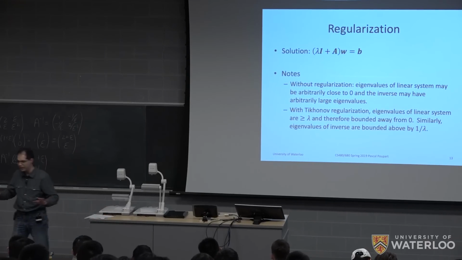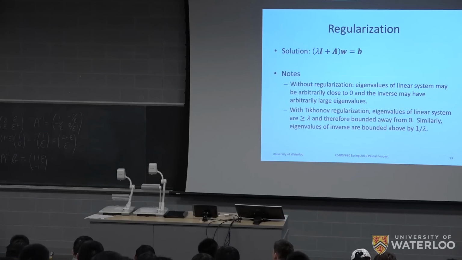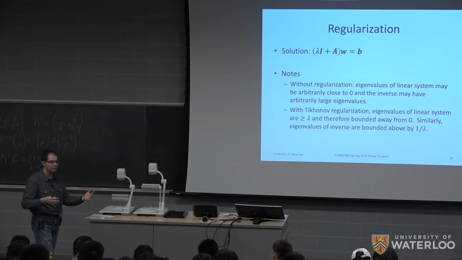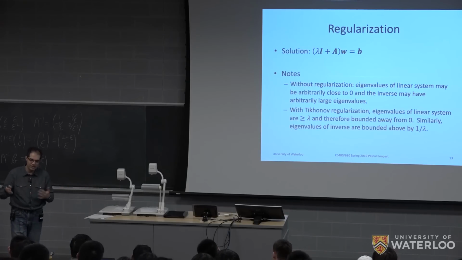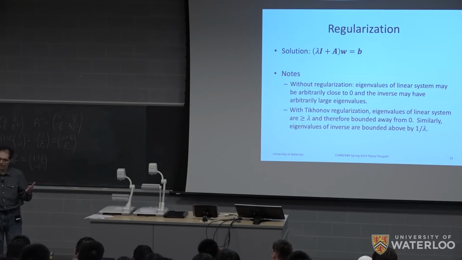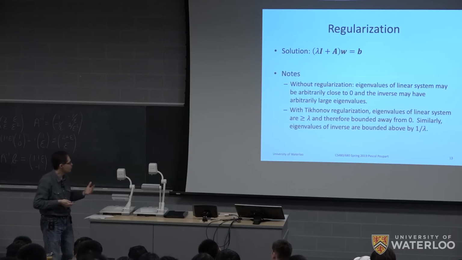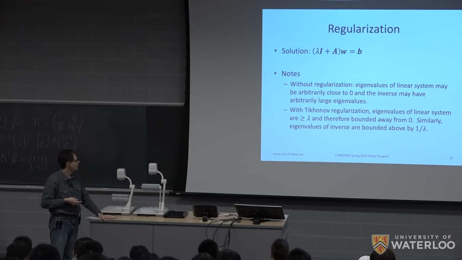If you're not familiar with eigenvalues of linear algebra, don't worry. This is just an aside to explain from the perspective of linear algebra what's happening. It's another way of explaining how overfitting might happen, so it's related to these notions from linear algebra.